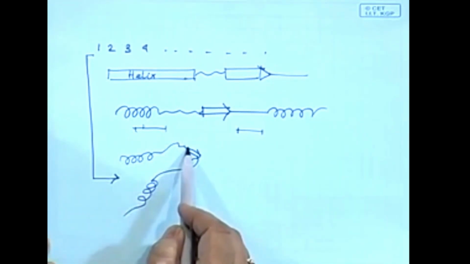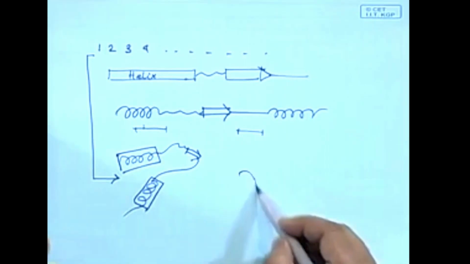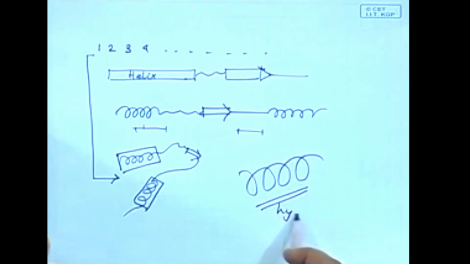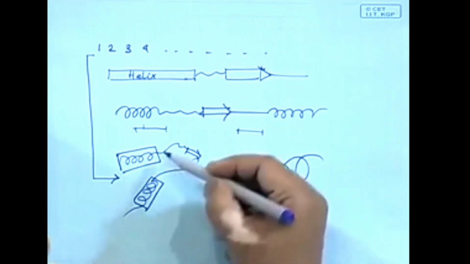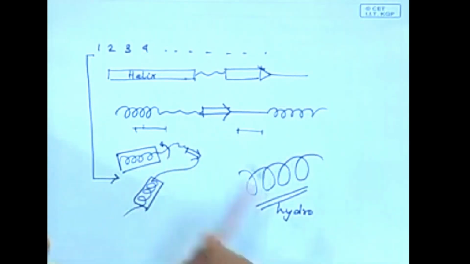Then I can also determine whether I'm right if I construct a helical wheel for this. What would I expect in this one? This face would be hydrophobic, because now you know this turn can rotate. Basically I can have a rotation about this which would make either face in or out, right?